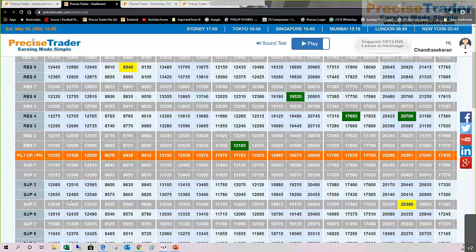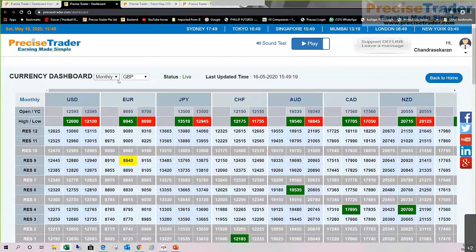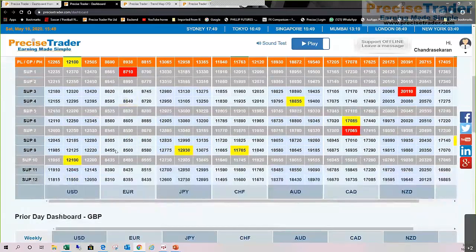The target we are looking at is 12030. This figure is not giving us monthly, so let me change to the weekly.